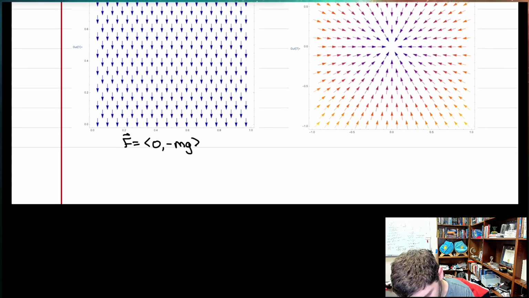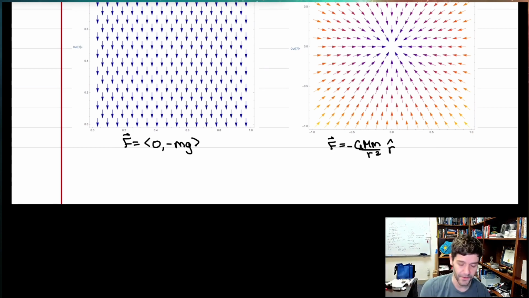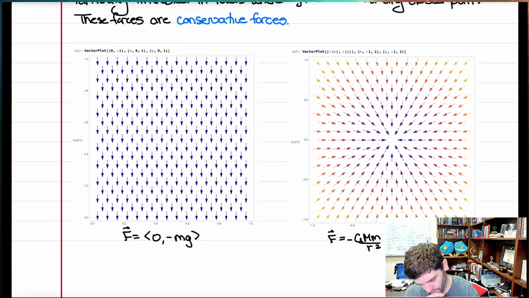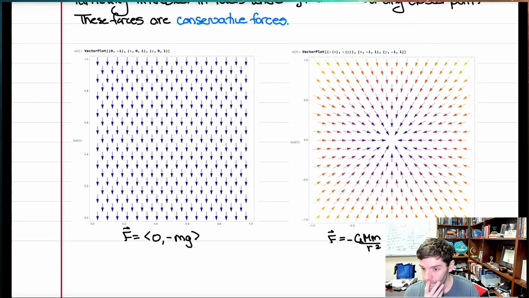And this might be something like F is GMm over r squared, or negative that, all in the radial direction, using polar coordinates. These end up also being 2 examples of conservative forces.